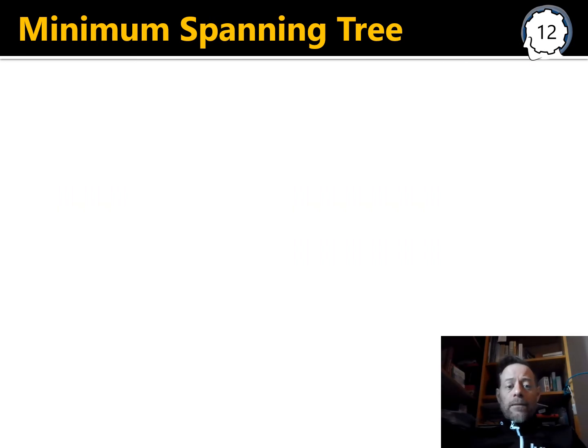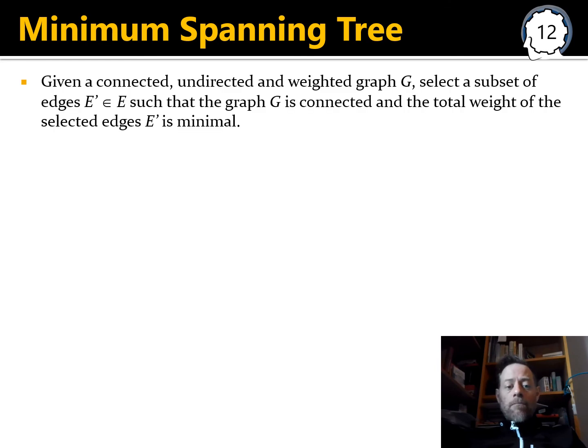So finally, I will also briefly talk about minimum spanning tree. A minimum spanning tree is, given a connected, undirected, and weighted graph G, select a subset of edges such that the graph is connected and the total weight of the selected edges is minimal. A typical example here is if you want to build a telecom network, so you want to draw cables connecting different nodes.